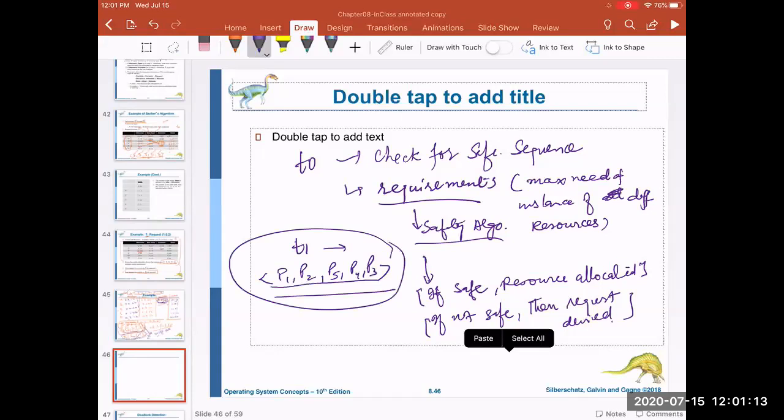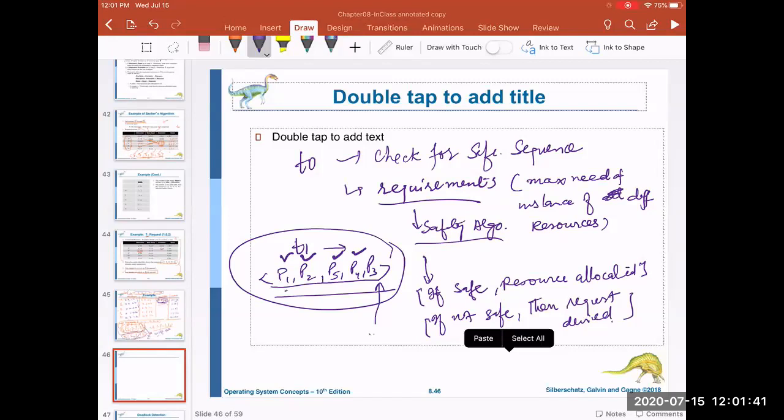The need of P3 is satisfied with this sequence when P1, P2, P5, and P4 are already executed. This is how your safe sequence would execute, and if they execute this way, there would not be an unsafe condition. If there is an unsafe condition, then deadlock can happen. If there is not, then no deadlock would happen.